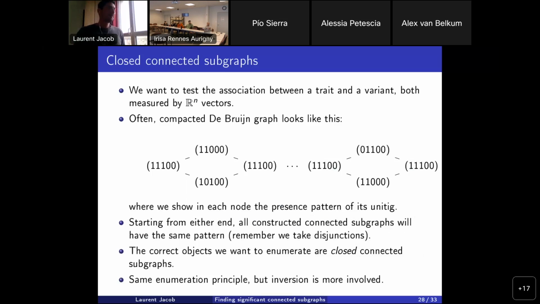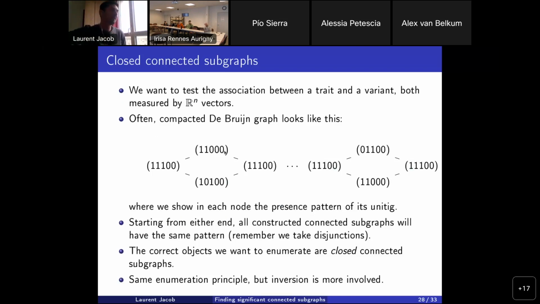So there is something I put under the carpet for the moment, is that what we really want to test is the association between a trait and a variant, which are both measured by a vector of size n, where n is the number of samples. And I've talked about connected subgraphs for the moment, but very often the compacted double graph will look like this here. So that's the same idea as the picture I was showing.